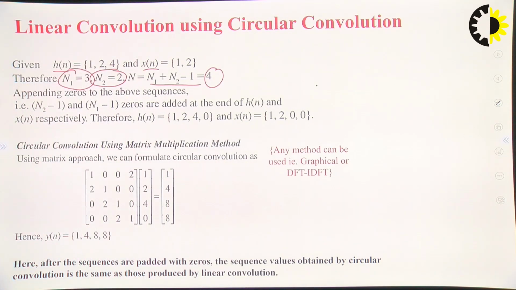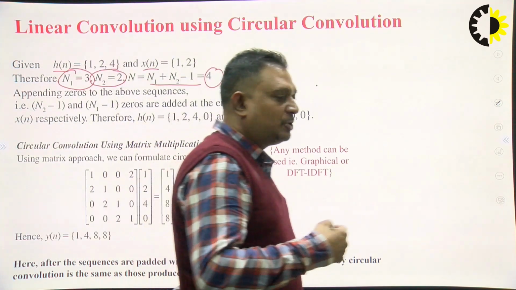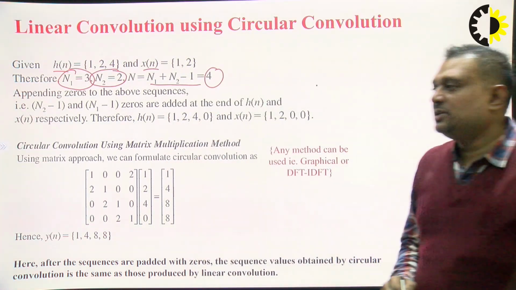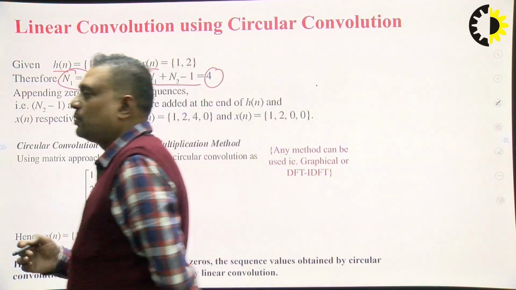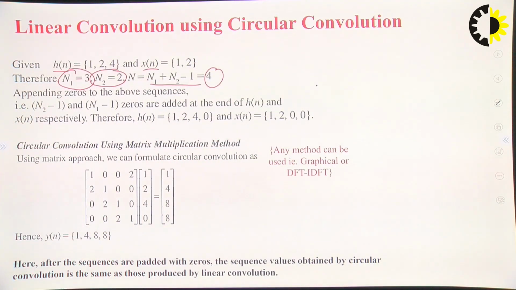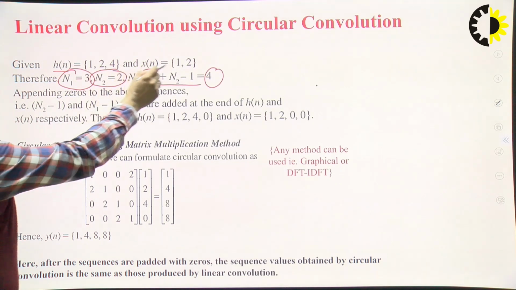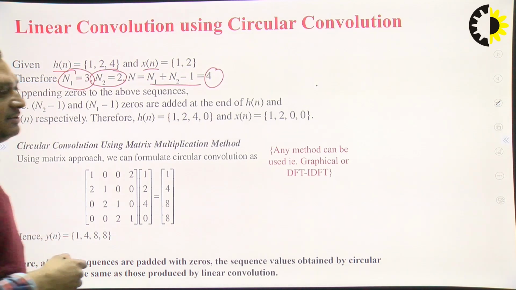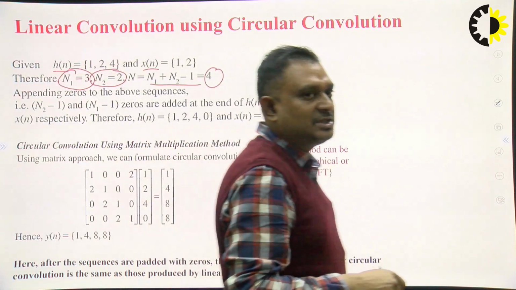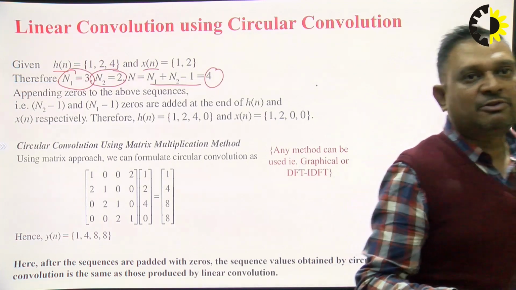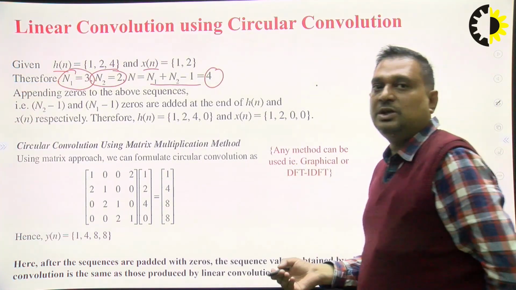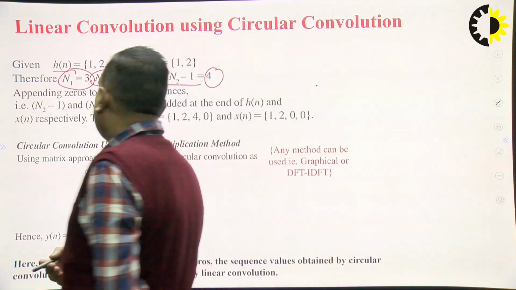And we know if we want the output sequence length as 4 using circular convolution, then each of the sequences must be of length 4. So we will make these sequences of length 4, and then apply circular convolution on them, and the result for the newly padded sequences is equivalent to the linear convolution of the old sequences.